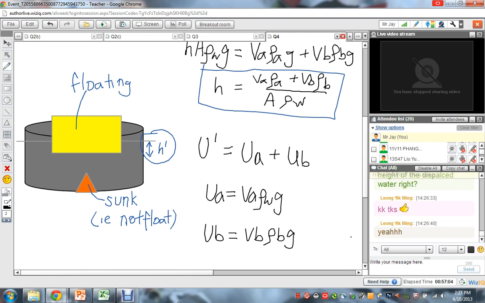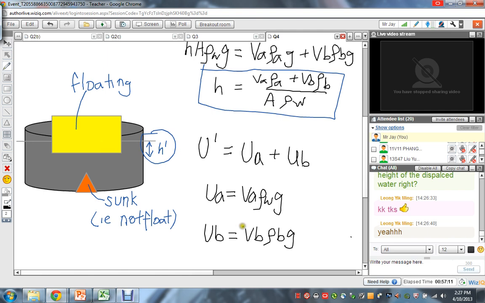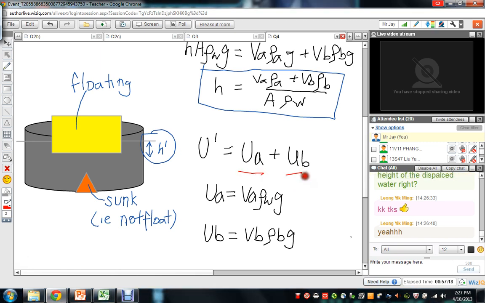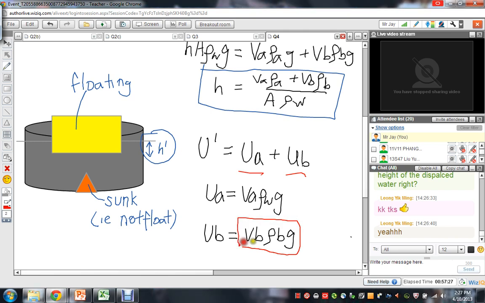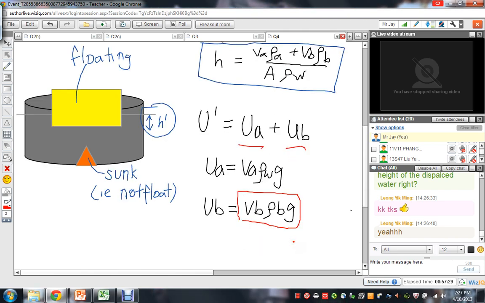So now the total upthrust that acts on both of these objects, I can't treat them as one equation anymore. I have to treat them as two different equations. Basically, the total upthrust is the upthrust acting on the anchor and the boat separately. For the boat, it's easy because the boat is still floating. It is just the volume of the boat times density of the boat times G, because the principle of flotation still holds. But for the anchor, it's sunk right to the bottom.